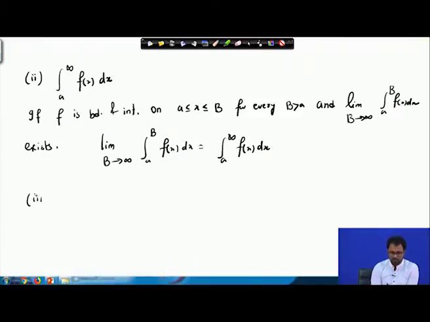And another type of improper integral could be from minus infinity to plus infinity f(x) dx. So, here both the upper and lower limits are infinite. In that case, we will choose a point.